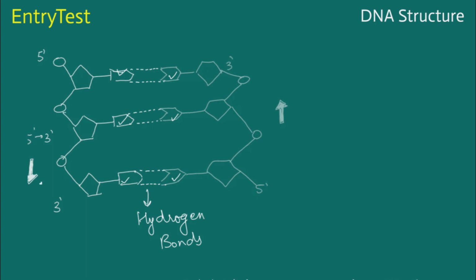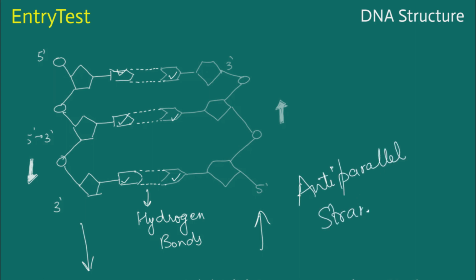So you can see this strand is moving in this direction, this is moving in this direction. That is why we call them anti-parallel strands. So this is the structure of the DNA that you need to be aware of. And that is what we'll be covering in this video, because in the next video we are going to take up a very important topic, which is DNA replication.